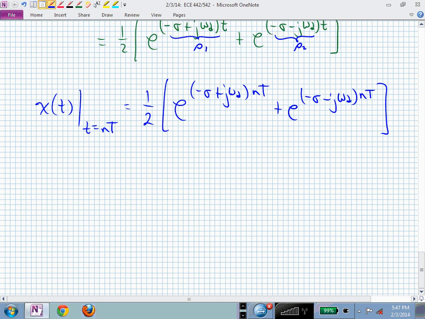And we could, well, let me do that first. So this is now 1/2 e to the minus sigma nT e to the j omega sub d nT.